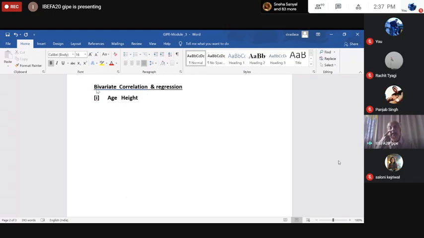Height is dependent on age of the individual up to certain age. Another example: yield and rain per plot.